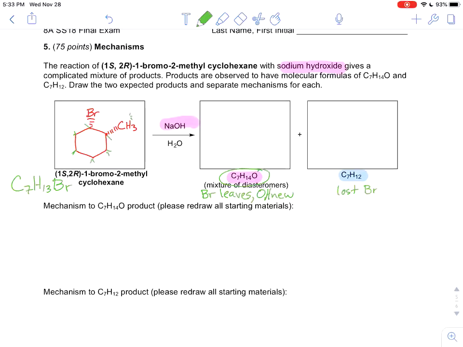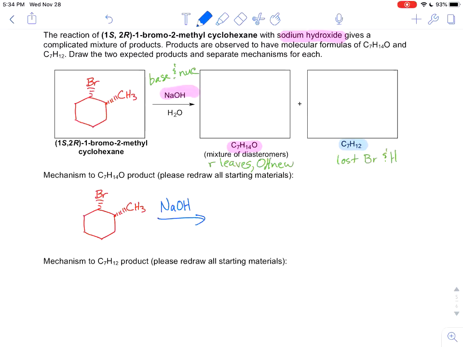So it's actually the OH group that's new. And then over here, it looks like we actually lost a hydrogen as well. Those are going to be some nice, simple things that you can check for without really knowing anything about the mechanisms just yet. So we're going to draw the mechanisms for both products, noticing that hydroxide could act as a base and as a nucleophile.